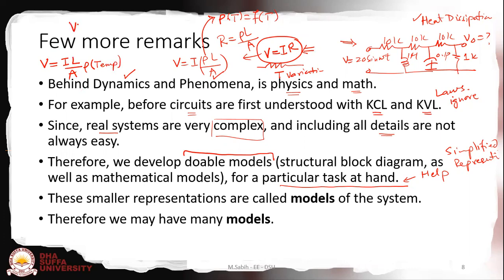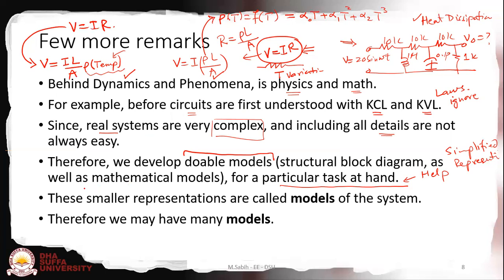So this V equals to IR was the simplified model, but this is a little detailed model in which we are taking care of the temperature. और ये temperature हो सकता है कि ये equation हो आपके पास, for example, alpha 0 plus alpha 1 times T plus alpha 2 times T square plus alpha 3 times T cube, and you can assume और इसकी जगह पे आप alpha T plus alpha 1 T square और alpha 2 T cube लिखें.